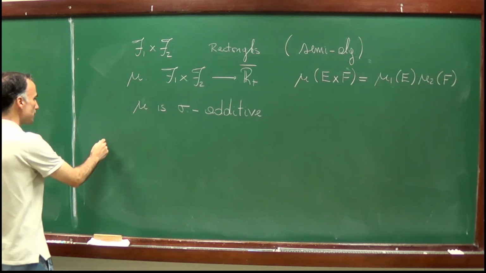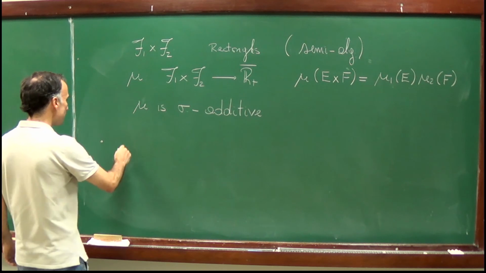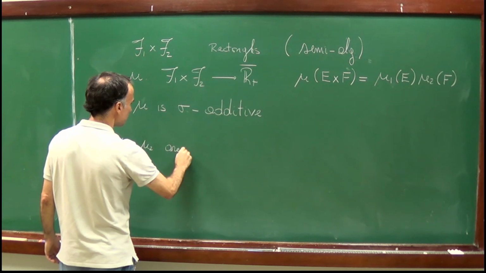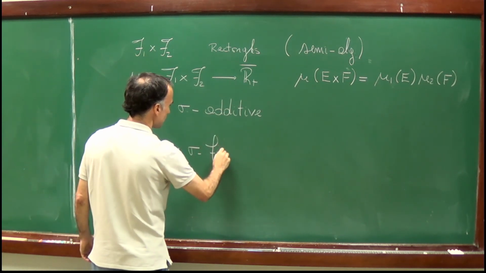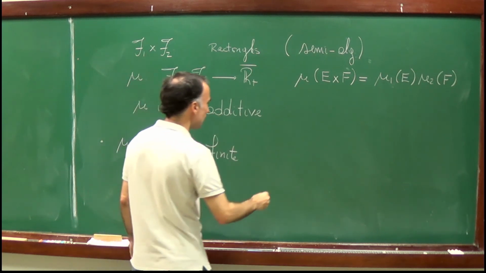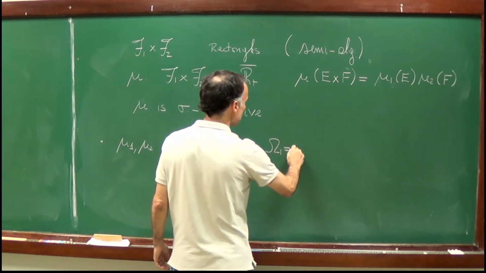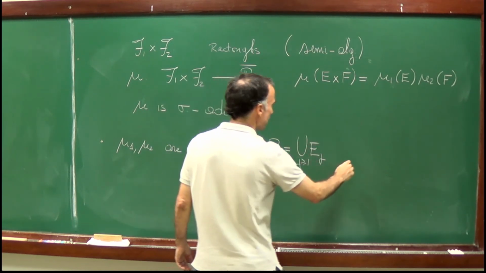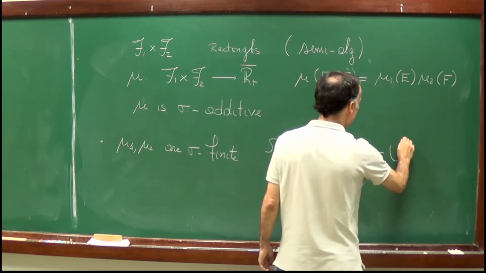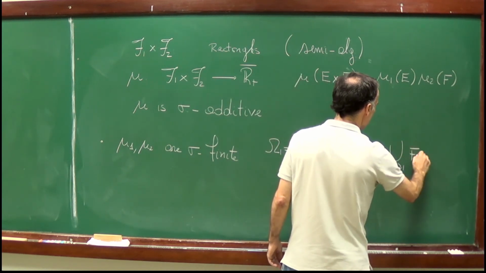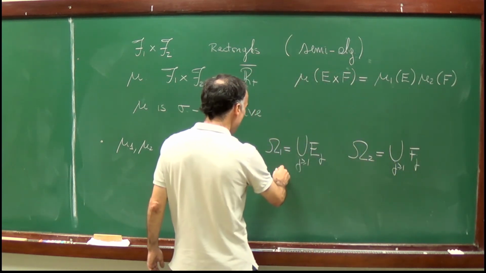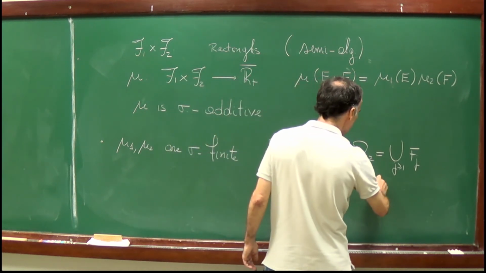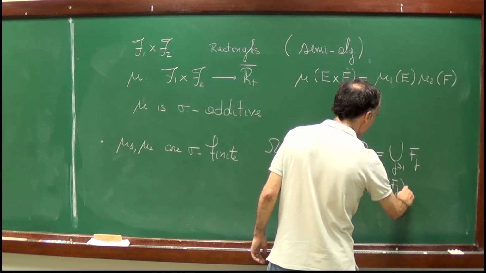Now I want to use the theorem, so let's assume that mu1 and mu2 are sigma finite. This means that I can write omega 1 as a union of Ej and omega 2 as a union of Fj, such that mu1 of Ej is finite and mu2 of Fj is finite.